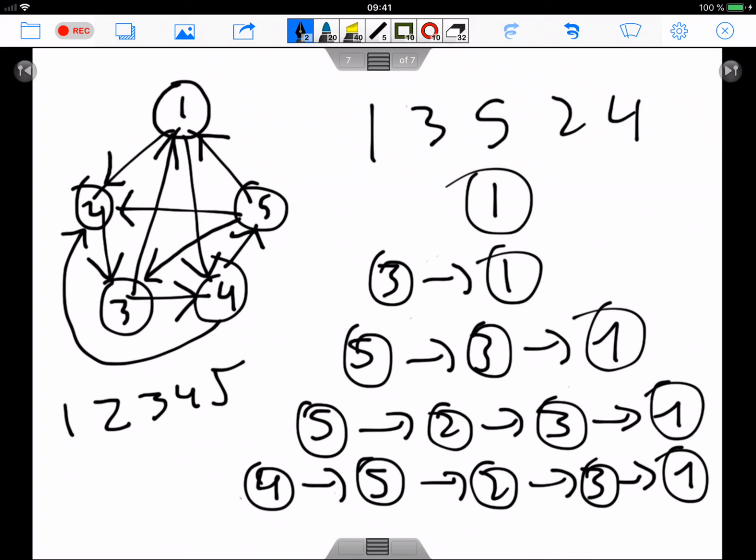Okay, but independently of my choice of initial order of vertices, if the graph that I have is a tournament, I will find a Hamiltonian path. Maybe a different path with a different order, as in this case, or maybe the same path with two orders. It depends, but I will always find a Hamiltonian path in the graph.